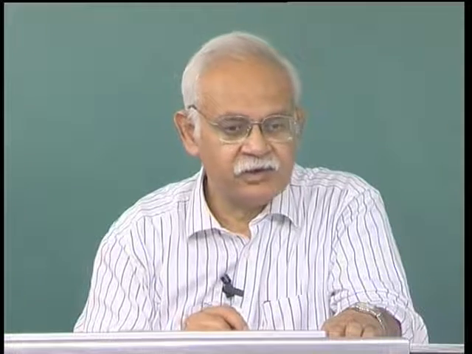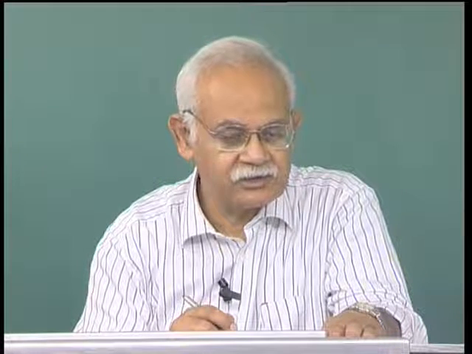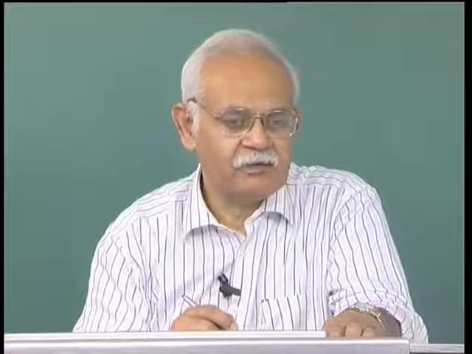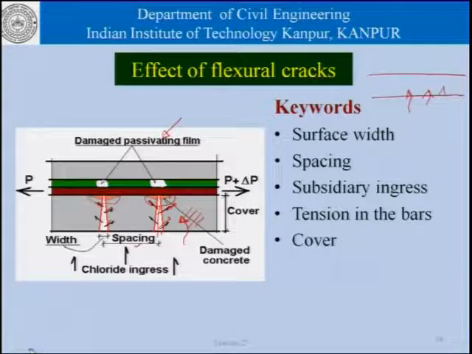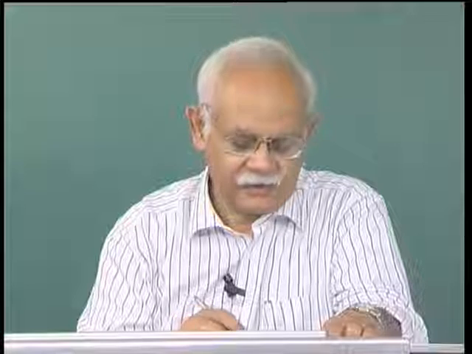So, one of the methods of controlling the crack width and therefore subsidiary ingress and therefore chloride levels at the reinforcement location and therefore finally the reinforcement corrosion is to control the allowable amount of tensile stress in the reinforcement, and of course, the cover thickness, besides concrete properties, that is water cement ratio, strength, and so on and so forth.